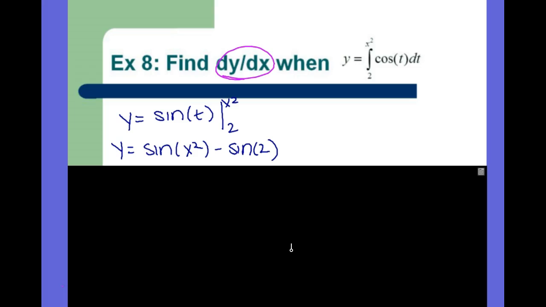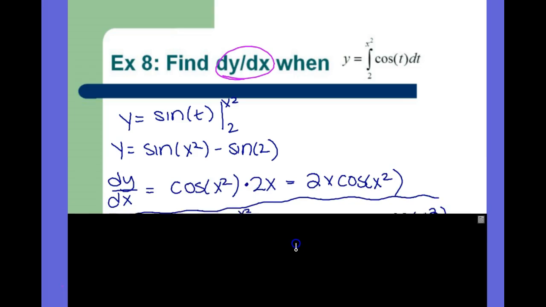Okay, so the derivative of sine x squared becomes cosine x squared times 2x. The derivative of sine 2 is 0 because that would be a number.